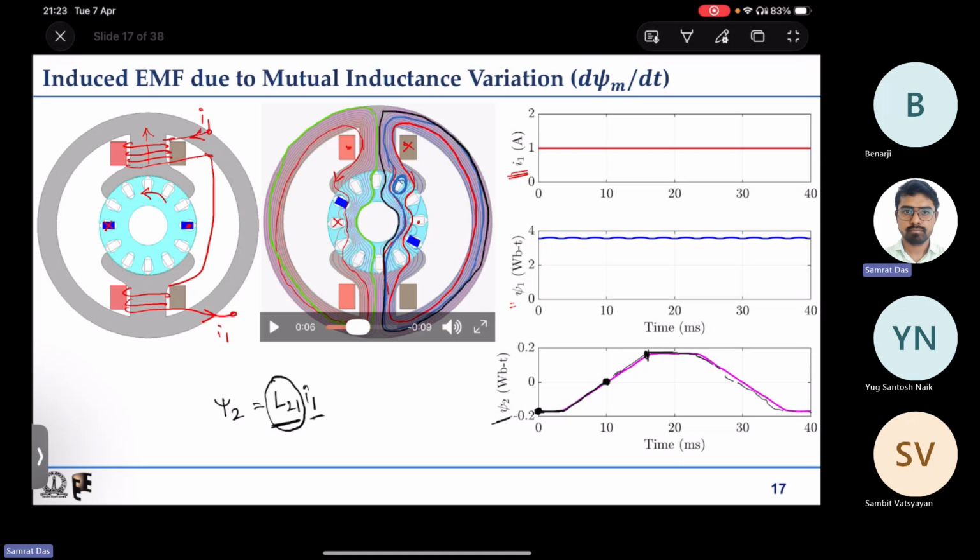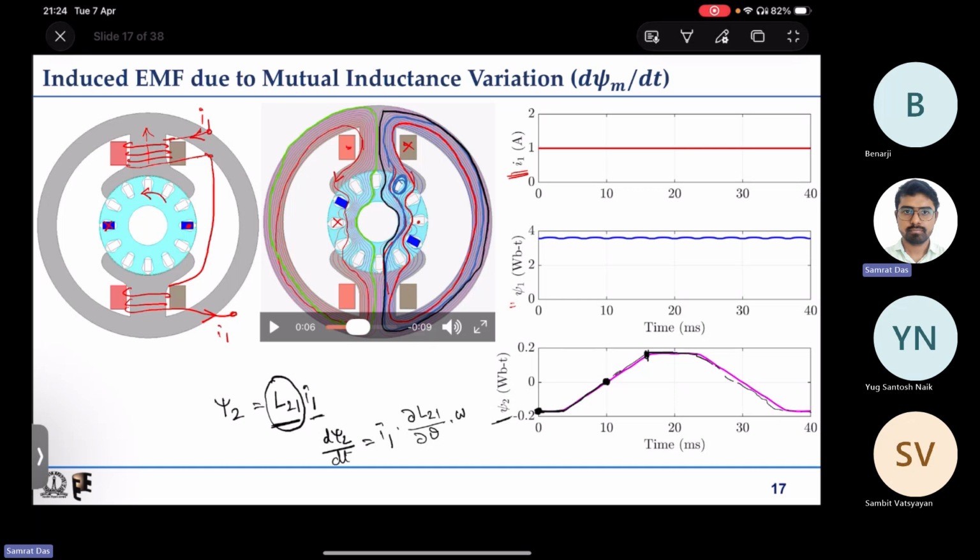So if you divide this psi 2 by I1, you will get how the mutual inductance is varying with rotor rotation or rotor position. So that is why in this case the induced EMF of the second coil, d psi 2 dt, with I1 remaining the same, you have mutual inductance varying with rotor position, and that multiplied by d theta dt, that is nothing but the speed. So you have this back EMF.